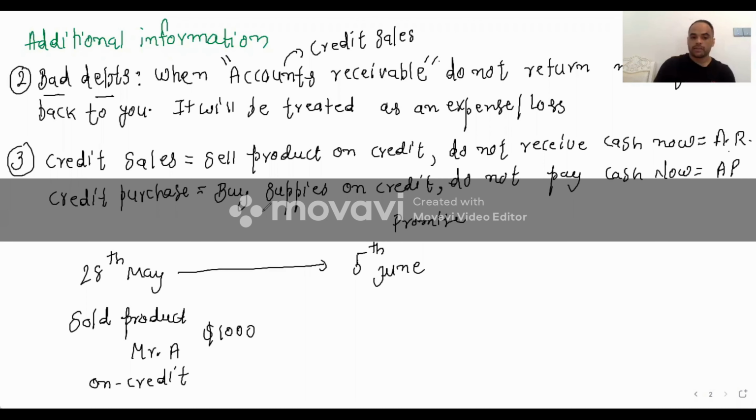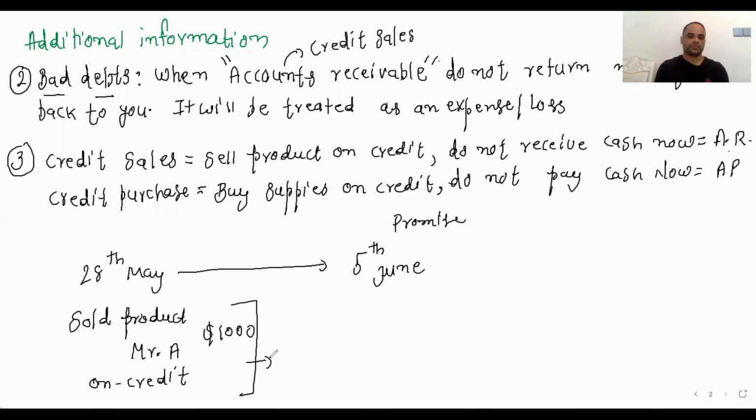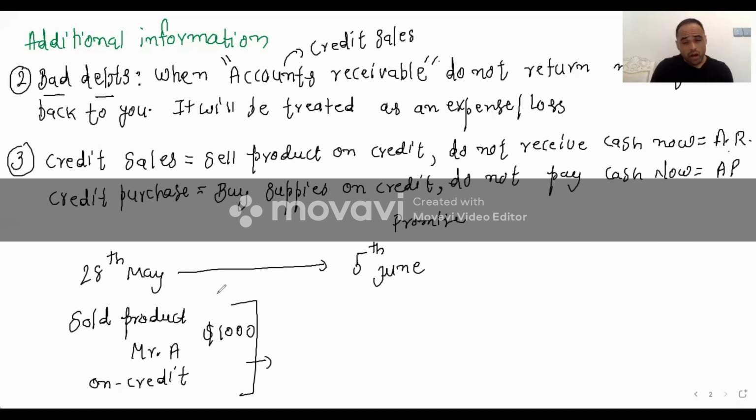So how do we record this transaction now? What will we record now? What is debit? What is credit? Sales credit, account receivable debit. Yes, that's right. Account receivable debit, but I'm not writing just account receivable.